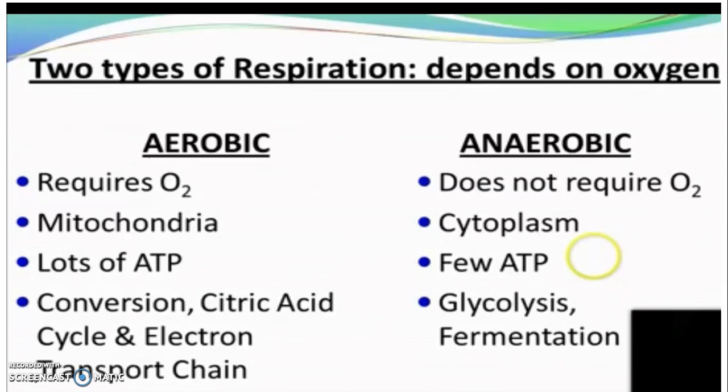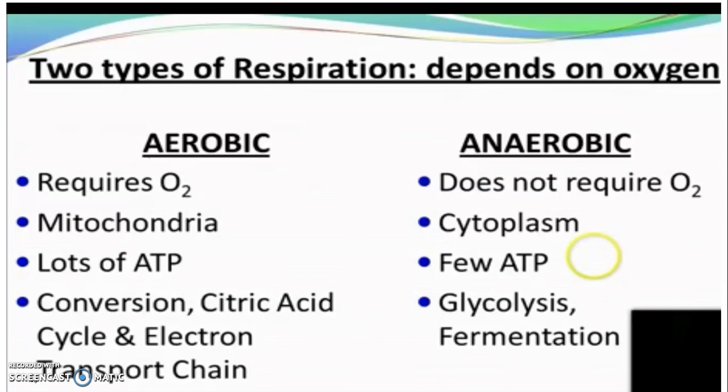Looking at anaerobic respiration, whenever there is a lack of oxygen, there is production of ATP in anaerobic respiration. It takes place in the cytoplasm of the cell. As compared to aerobic respiration, fewer ATPs are made in anaerobic respiration. There are two main phases in anaerobic respiration: one is glycolysis and another one is fermentation.